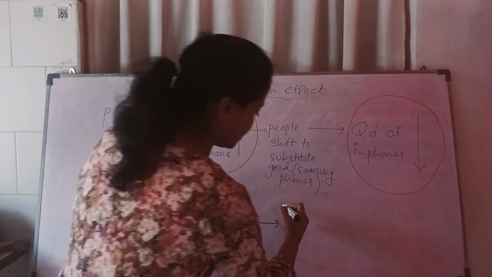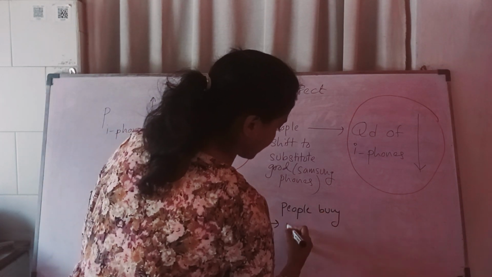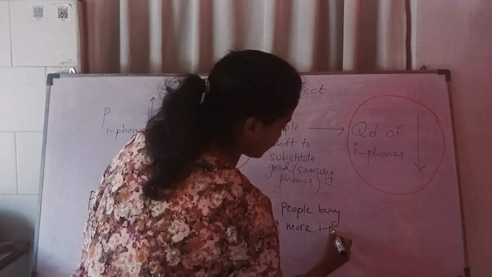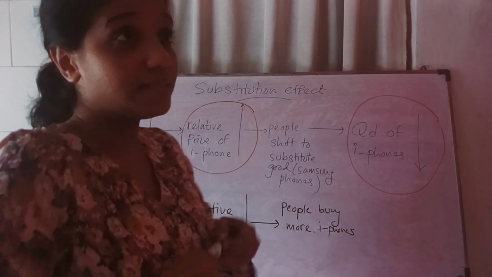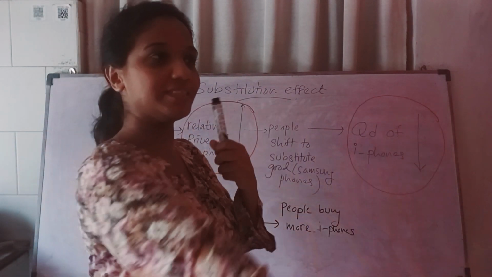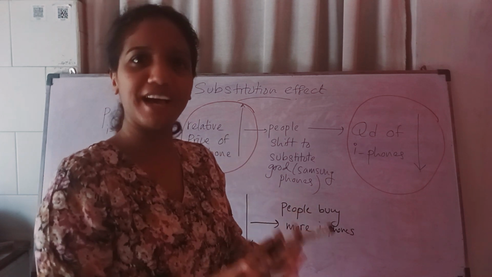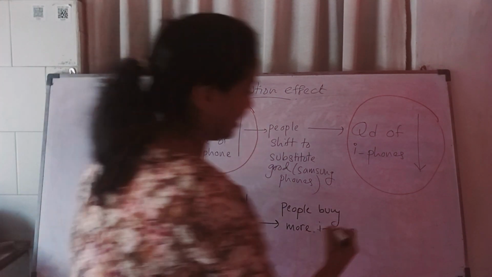People shift, people buy more iPhones now. The people who consume Samsung phones shift to iPhones, which means what happened to the quantity demand of iPhones? Now it increases.